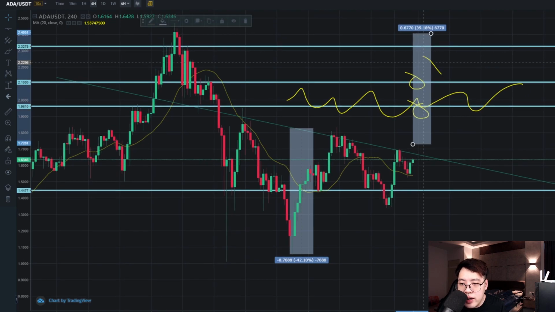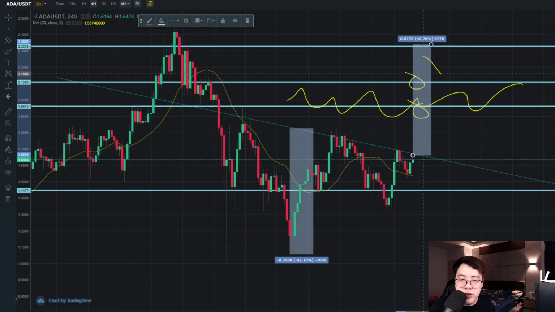But usually when we look at the law of the chart pattern, especially the head and shoulders pattern, we always measure the profit from the neckline all the way to the head, and then we apply that to the take profit area. So what we get is it could reach $2.30 if it manages to break above.